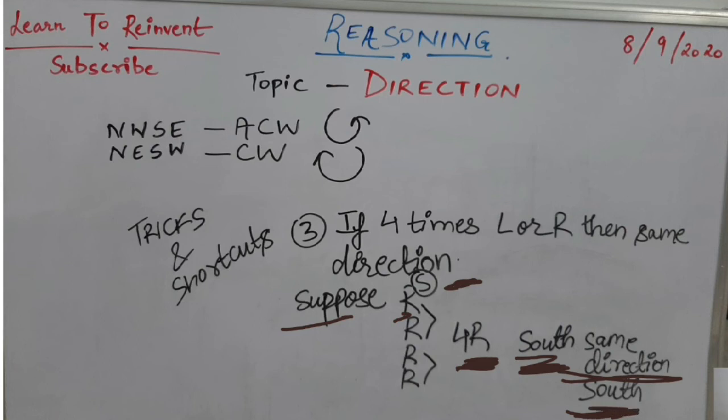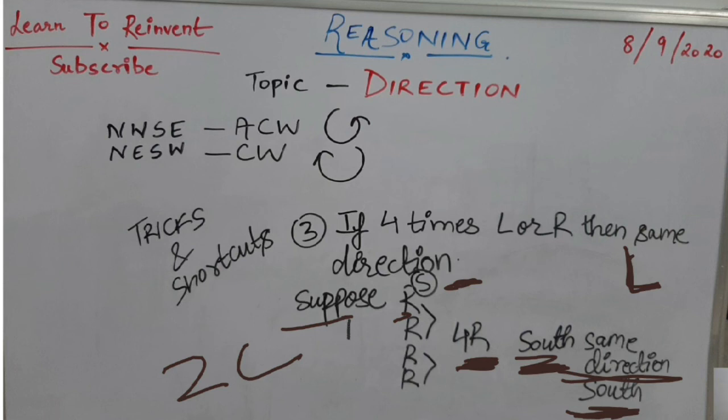So when it is a single left and R and it cuts, we are left with 1 L, that is left, or R, then we'll get the direction in which the last one is showing, whether it is in the left direction or the right direction. Now if we are having 2 L's or 2 R's, then it will become the opposite of the direction in which the person has started.